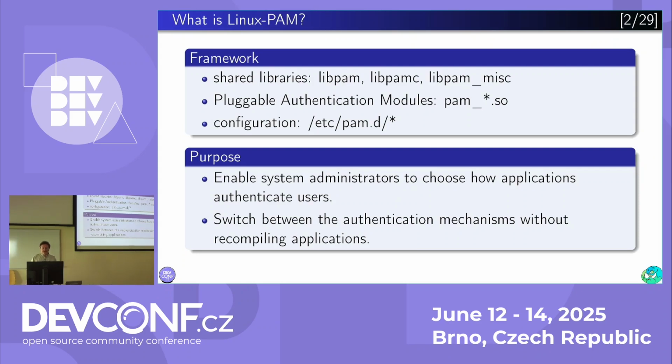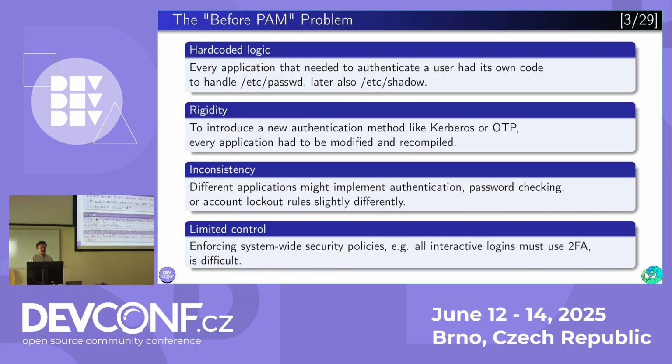So it was not this way in the early days. In the beginning, it was very simple. Even etc shadow was not there in the very beginning, and the way services authenticated users was really simple.